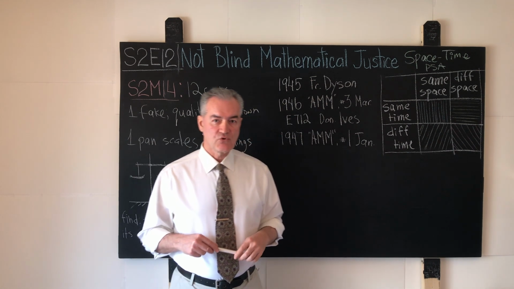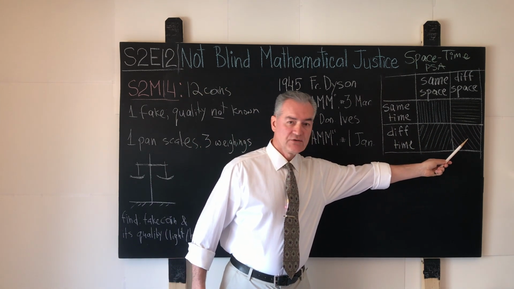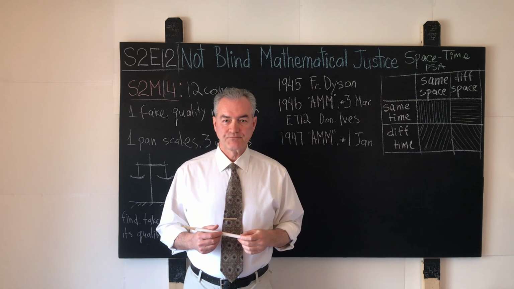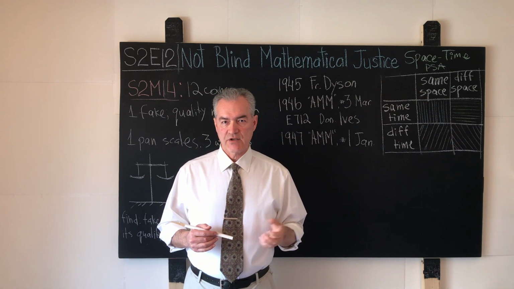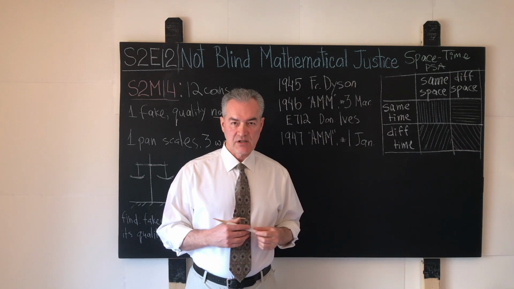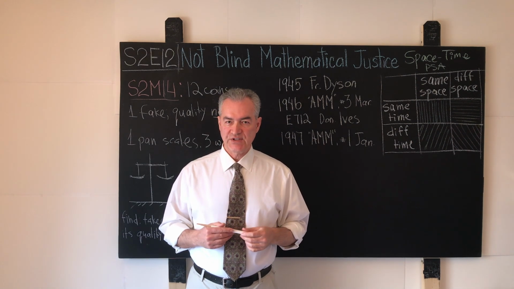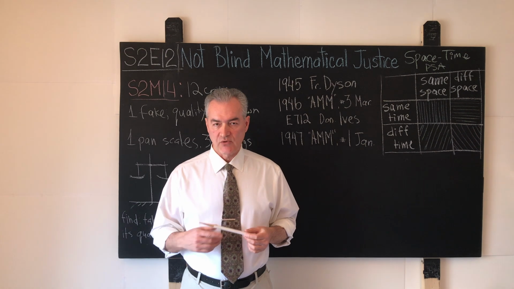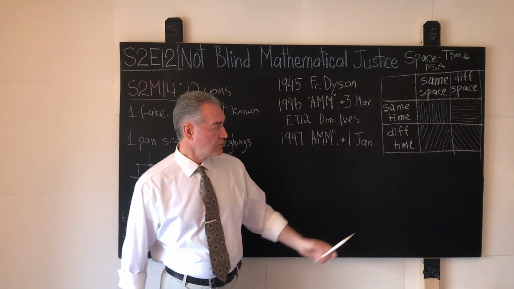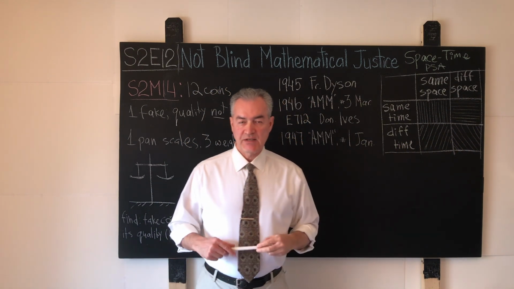And lastly, for an example of events that can happen at different times and in different spaces, we can look at a lecture on mathematics that takes place at 9 o'clock in lecture hall A, and a lecture on physics that takes place at 12 o'clock in lecture hall B, thus giving an example of different times and different spaces.